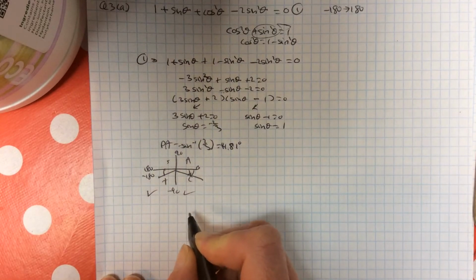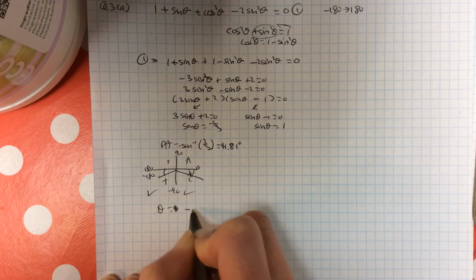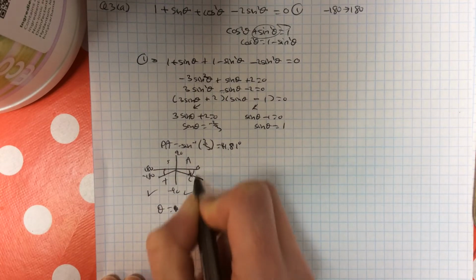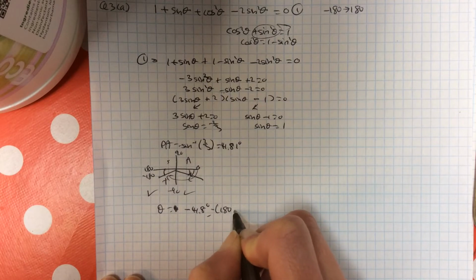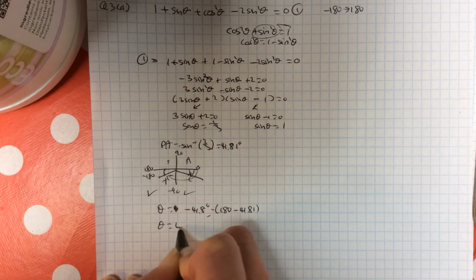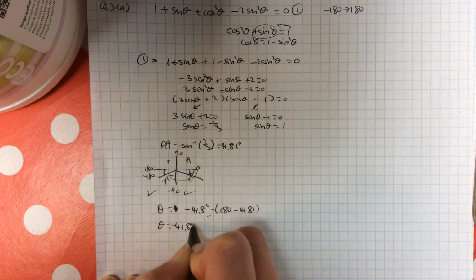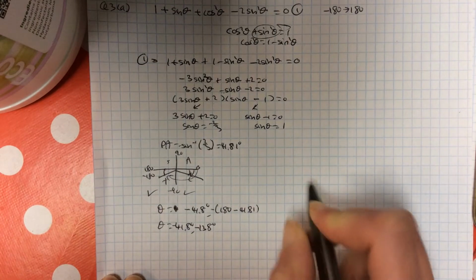Your first answer is minus 41.8 degrees, and your second answer is minus 180 take away 41.81, giving you minus 138. Try to remember to give it to three significant figures.